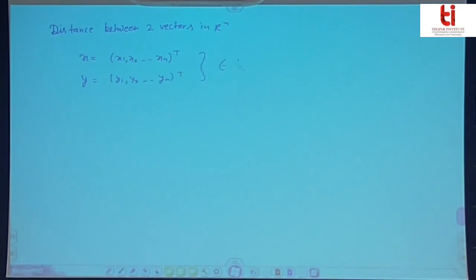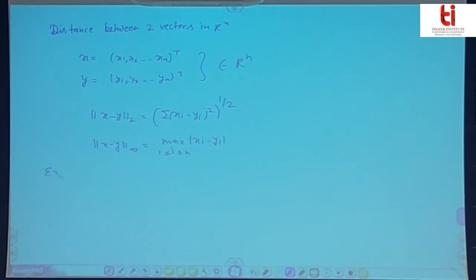These are belonging to Rn. Then L2 norm of x minus y is defined as summation of xi minus yi square, raised to power 1 by 2. Norm of x minus y infinity is the maximum of mod of xi minus yi, i lying between 1 to n.